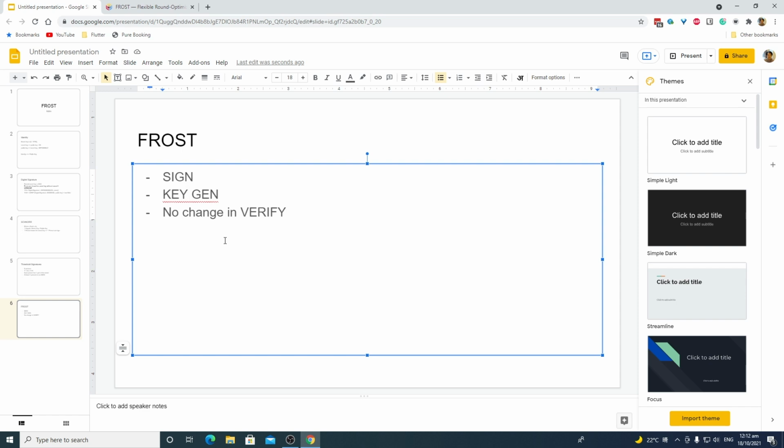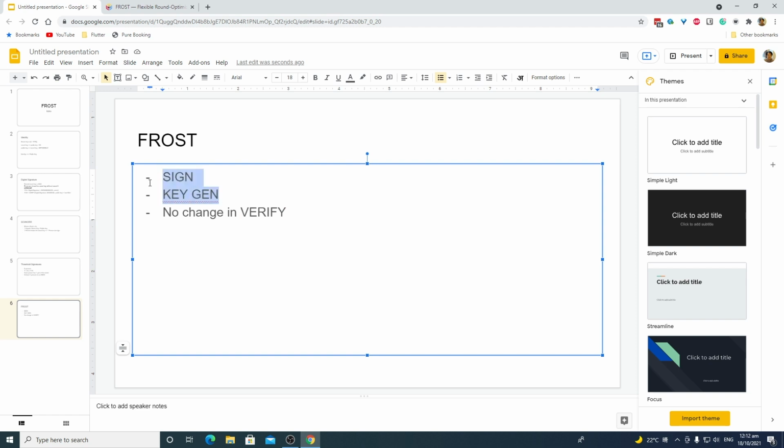cryptocurrencies, nodes usually play the role of verifiers. They verify that the transactions are correct and reject anything that does not obey the protocol rules. So they actually only run the verify part. By saying that with Frost you don't have to change the verify algorithm, it means that the protocol does not have to change, and therefore you don't have to deploy new code or anything.